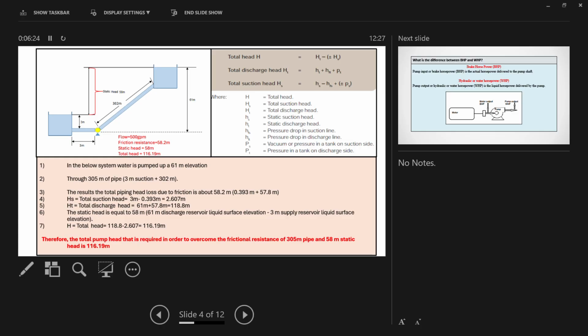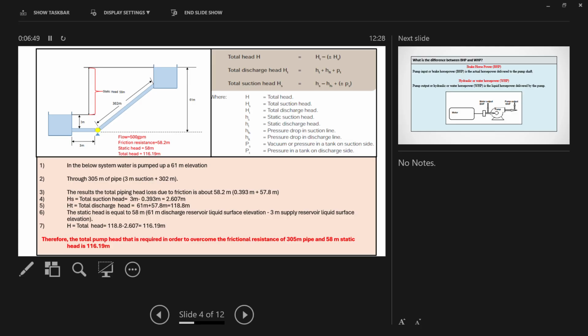How this 116.19 has come, we will explain now, because for this calculation 116.19 is the total head, that is HT equals HD plus or minus HS. What is HD? HD means the discharge head. The static head is how much? That is 61 plus hfd, that is the friction.